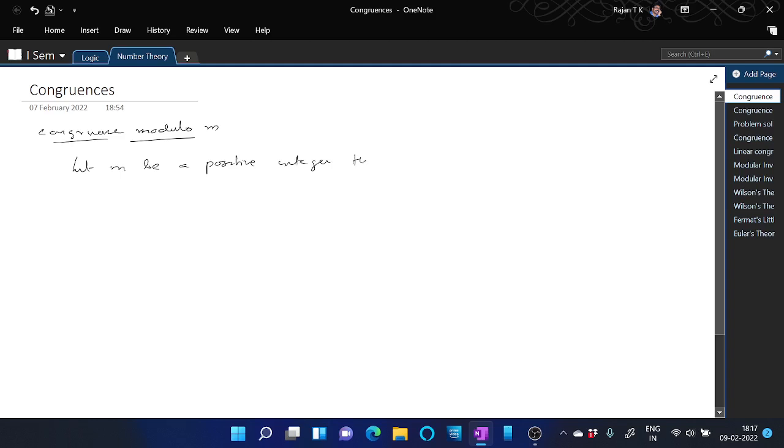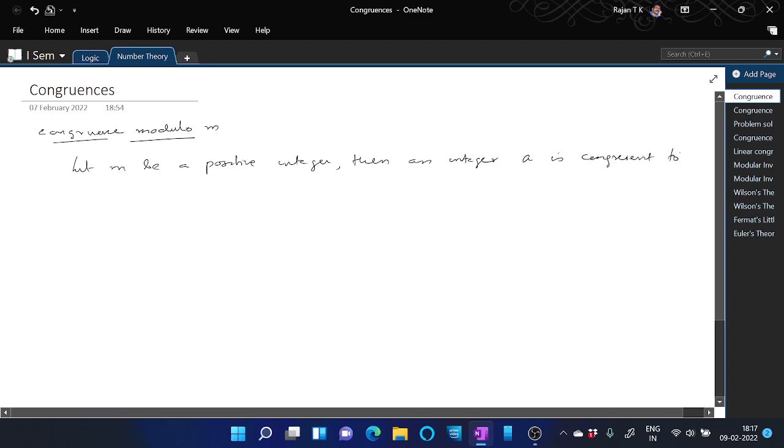Then an integer a is congruent to another integer b modulo m if m divides a minus b.